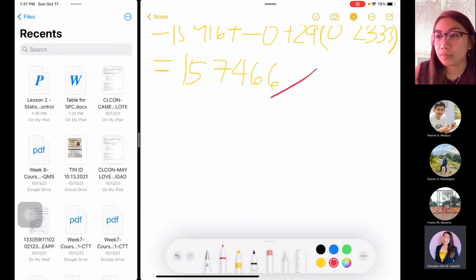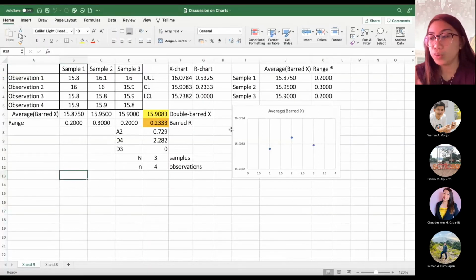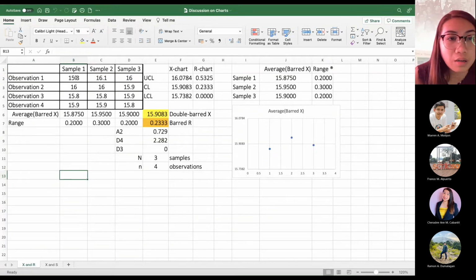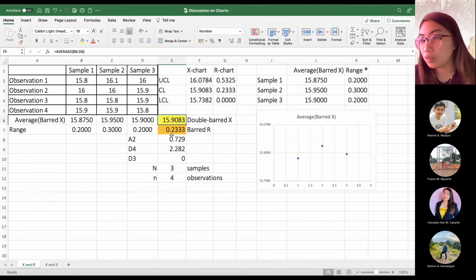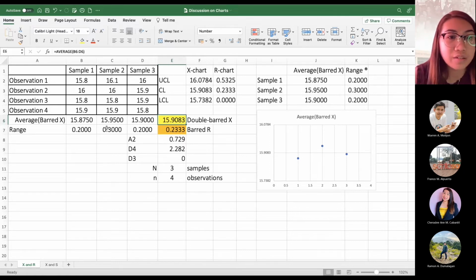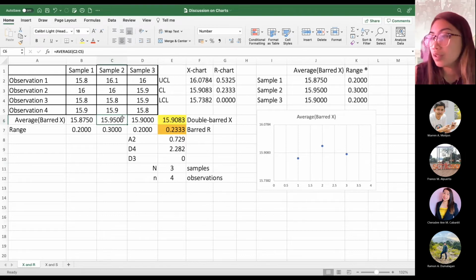So, the example we did a while ago, that is 15.8, 16.1. This was the example we showed a while ago. And then we were able to get the double bar X. Wait, this double bar X is wrong.